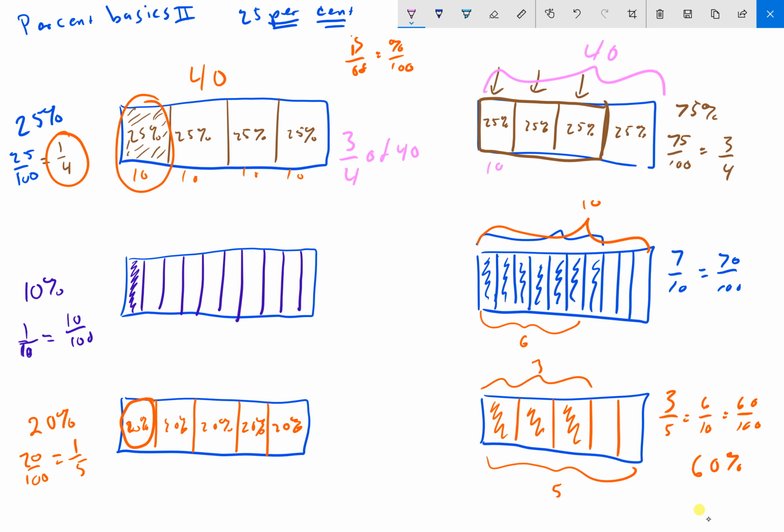That means each one's worth 10. And you can see from my picture, 3/4 would be 10, 20, 30, would be 30. Now, I want to say 75% of 40 would equal 30. And the reason why is because 3/4 times 40, how many times does 4 go into 40? Well, 4 goes into 4 once, and 4 goes into 40 10 times, and 3 times 10 is 30.